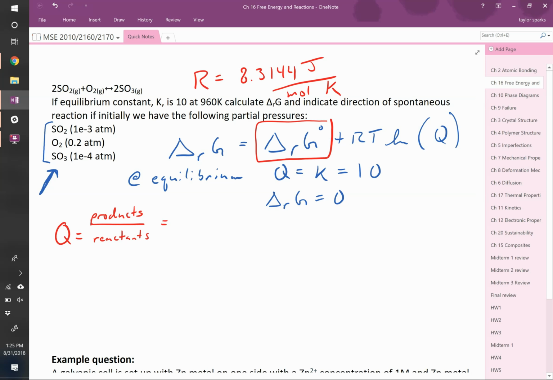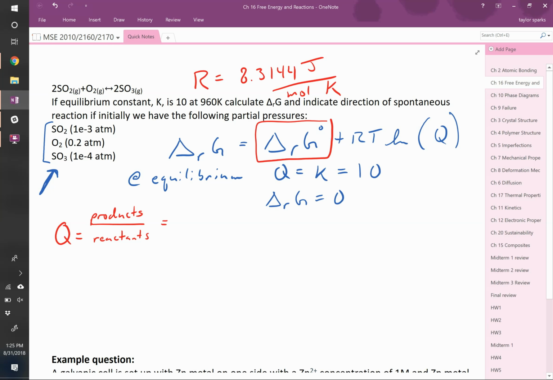The second part of the question is not at equilibrium, so it just has to be Q, not 10 there. So what is Q normally equal to? It's products over reactants, and these are all gases, so you can write the partial pressure of those things raised to their exponents. Your product is SO3, so it's going to be the partial pressure of SO3.